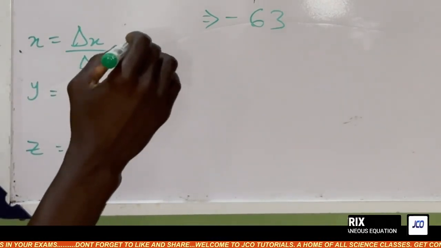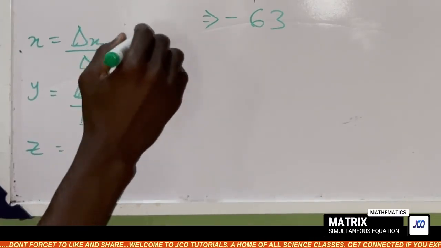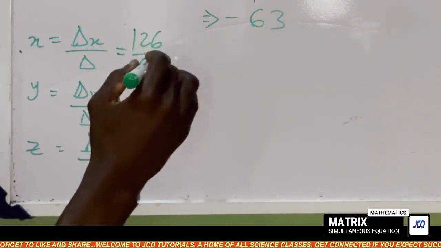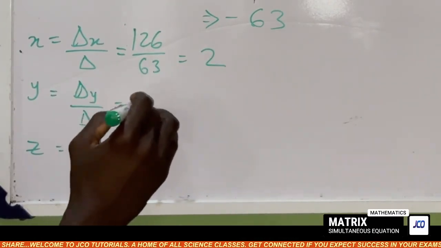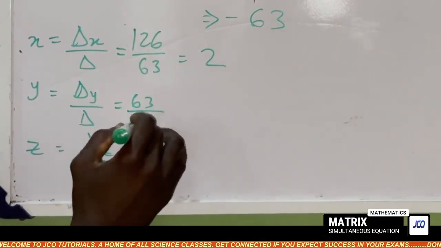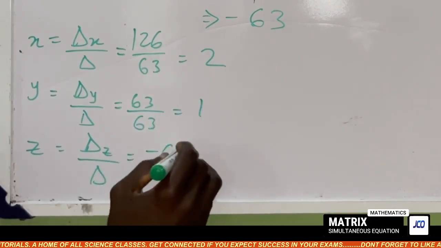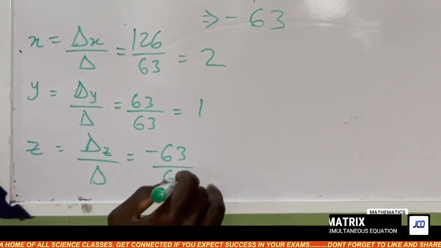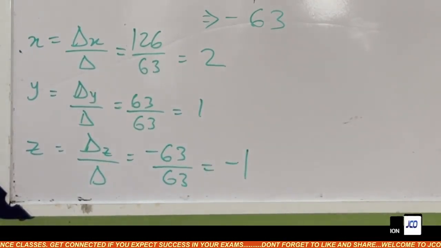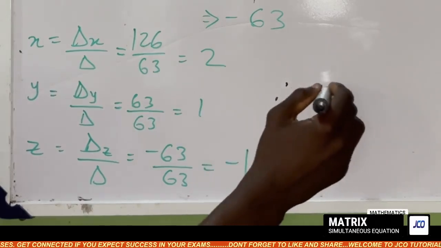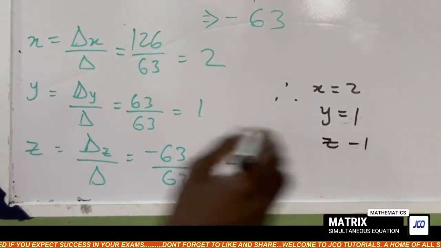Determinant of x is 126. 126 over determinant 63 gives you 2. Determinant of y is 63 over your determinant 63 gives you 1. Determinant of z is minus 63 over the determinant, which is minus 1. So from this, therefore x is 2, y is 1, and z is minus 1.